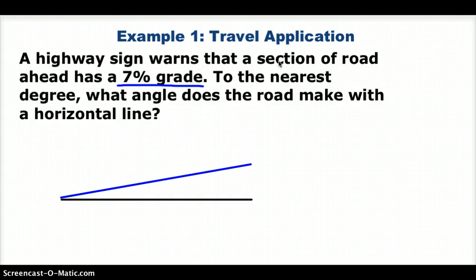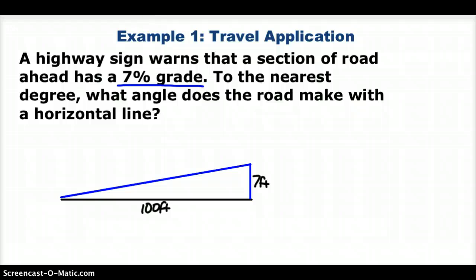So this is what we're discussing with our picture here: our horizontal distance of 100 feet, and this is our vertical of 7 feet, and they're asking about this angle right here.